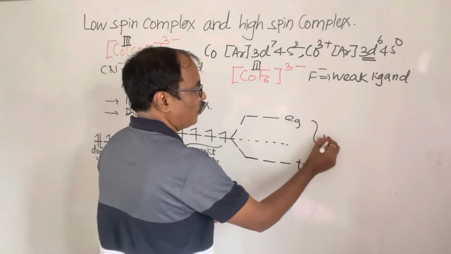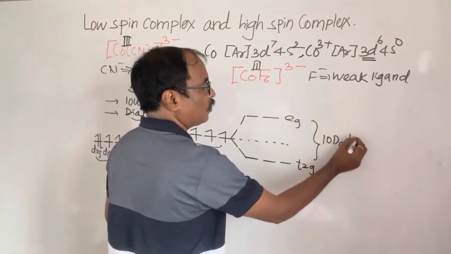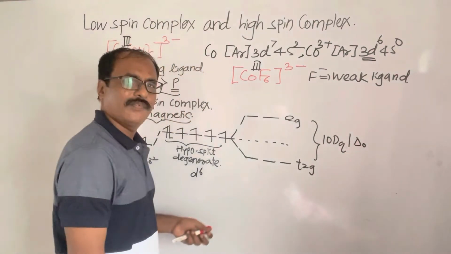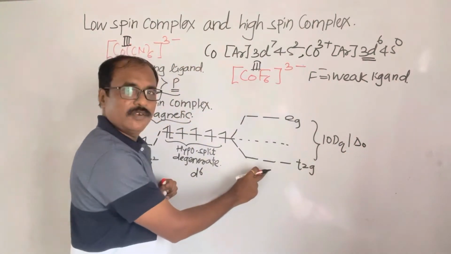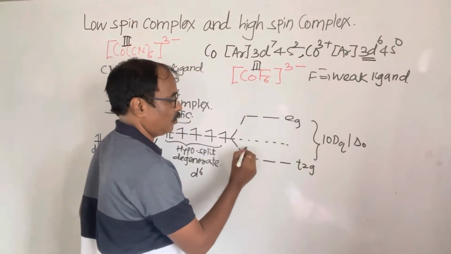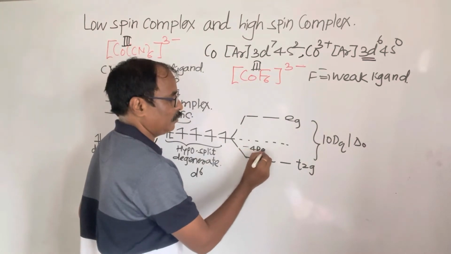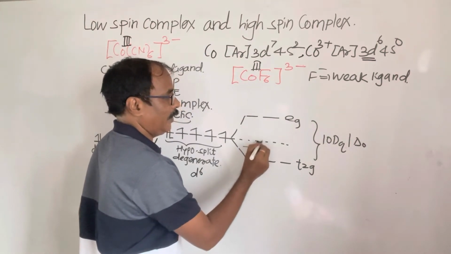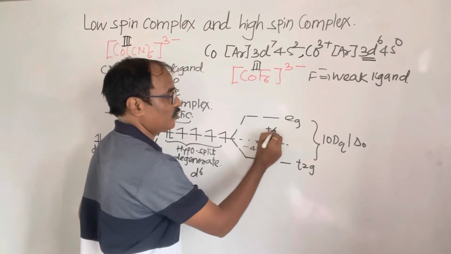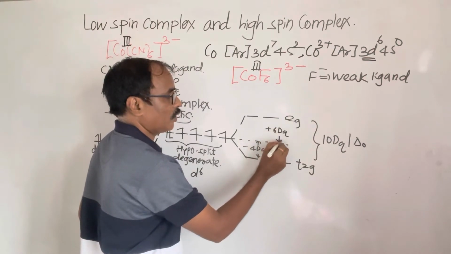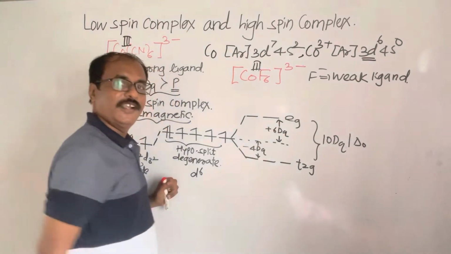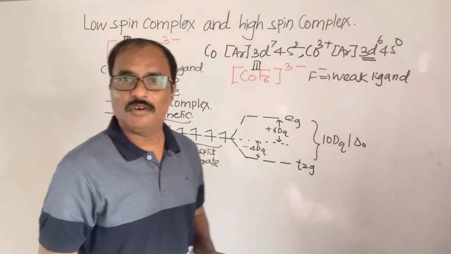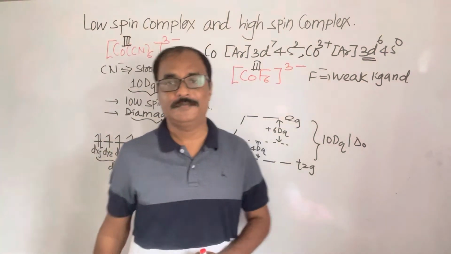This is a 10 Dq, that is delta O. We know that energy of t2g decreases by what? 4 Dq, and energy of eg increases by 6 Dq. ये ऑक्टाहेड्रल स्प्लिटिंग में, एंड दैट इज एप्लीकेशन ऑफ CFT टू ऑक्टाहेड्रल ज्योमेट्री में उसमें पढ़ा है हमने.